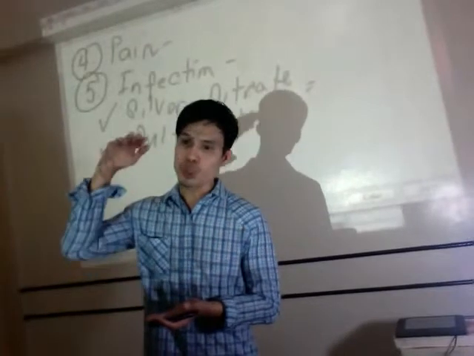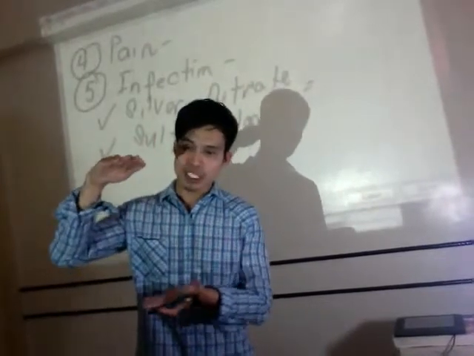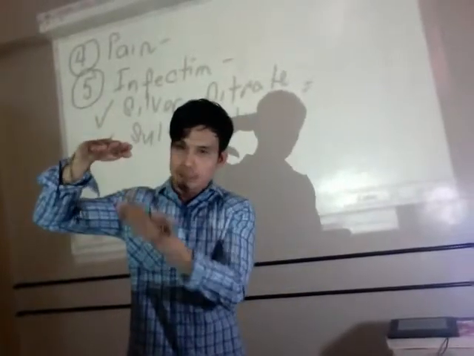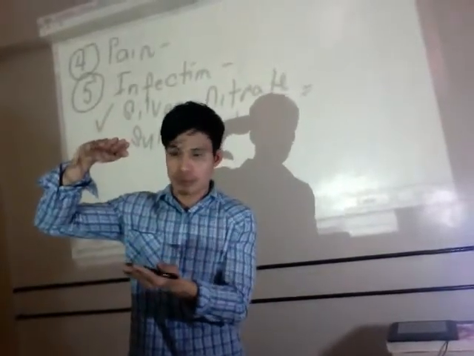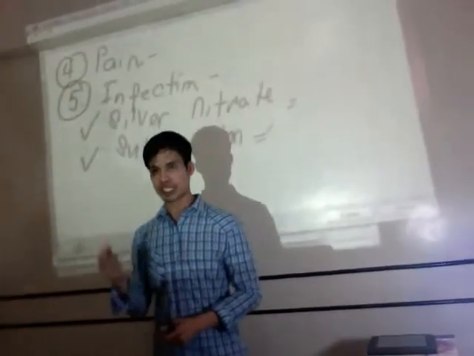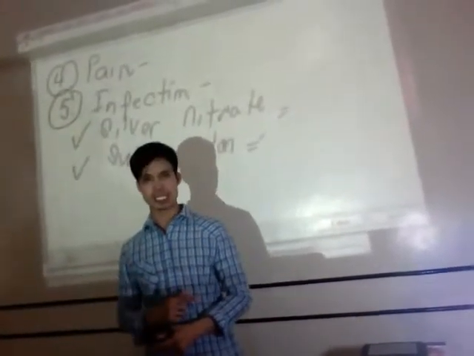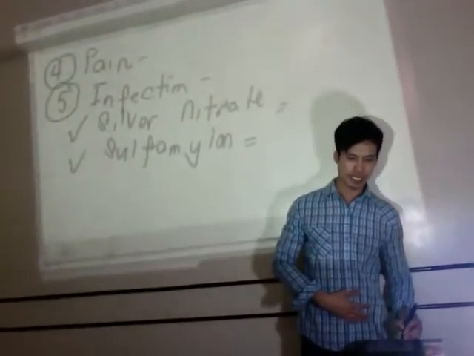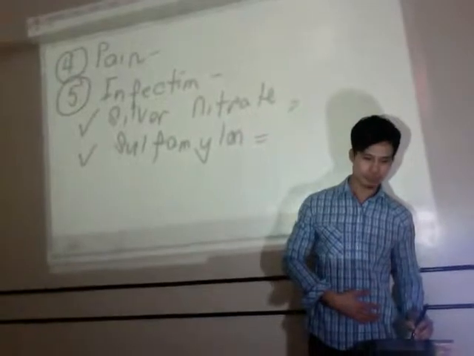So if you make use of sulfamylon, even if you have necrotic tissue above, it can still penetrate the eschar or the deeper layer of the skin. So this is one of the best antibiotics for your patient because it can penetrate the eschar completely. So you have your sulfamylon and your silver nitrate to control infection for your patient.